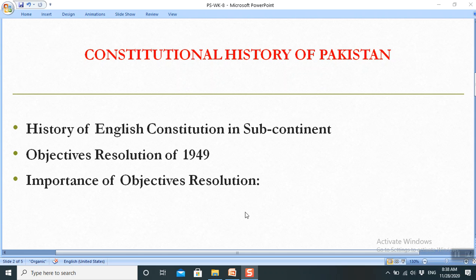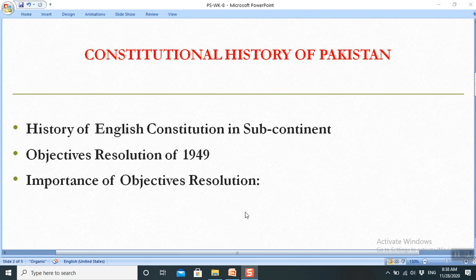But remember this, that there remained so many little acts according to the requirements of the times. The British kept introducing different ordinances and other things.